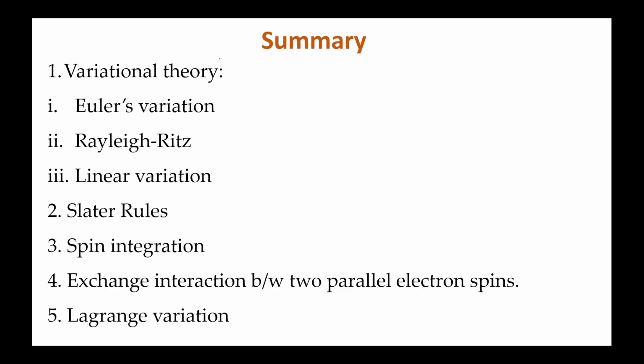In the context of variational theory, it was first discussed the Euler variation, which said that if you vary over the entire space of your Hilbert space, then the stationary point of the expectation value, that is <psi|H|psi>, if you vary over all space, is basically the eigenfunction of the Hamiltonian.